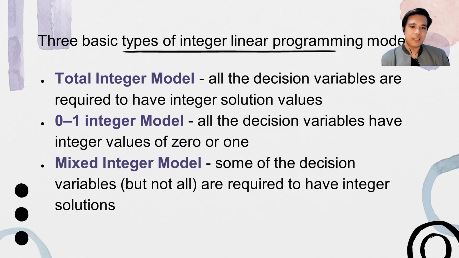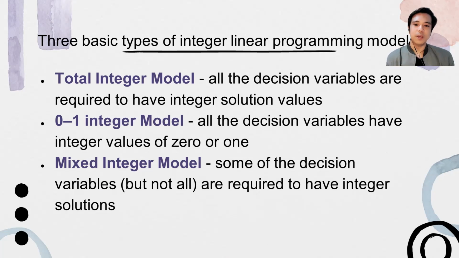Like I said, there are three integer programming models. Number one, we have the total integer model, where all the decision variables are required to have integer solution values. Meaning to say, all the decision variables need to give us a whole number.